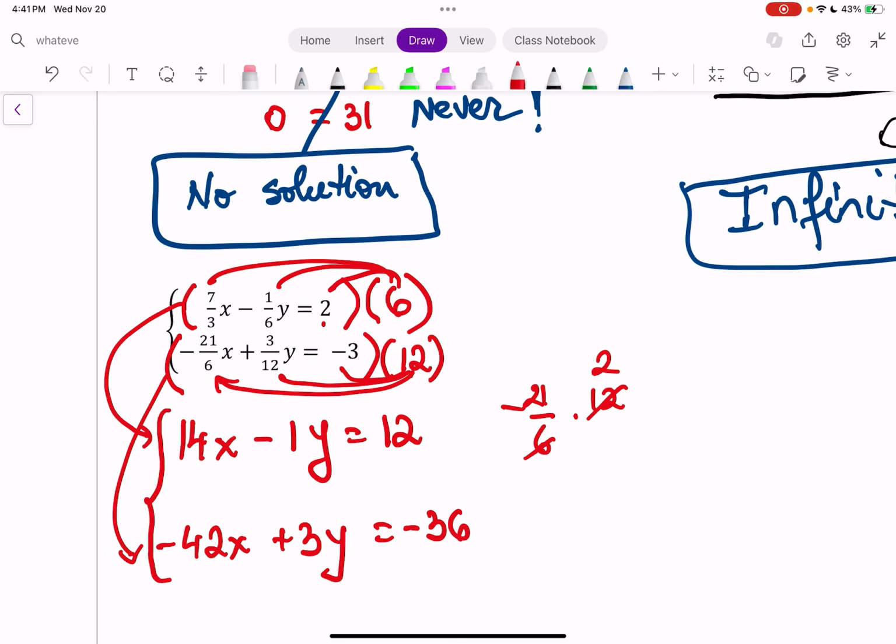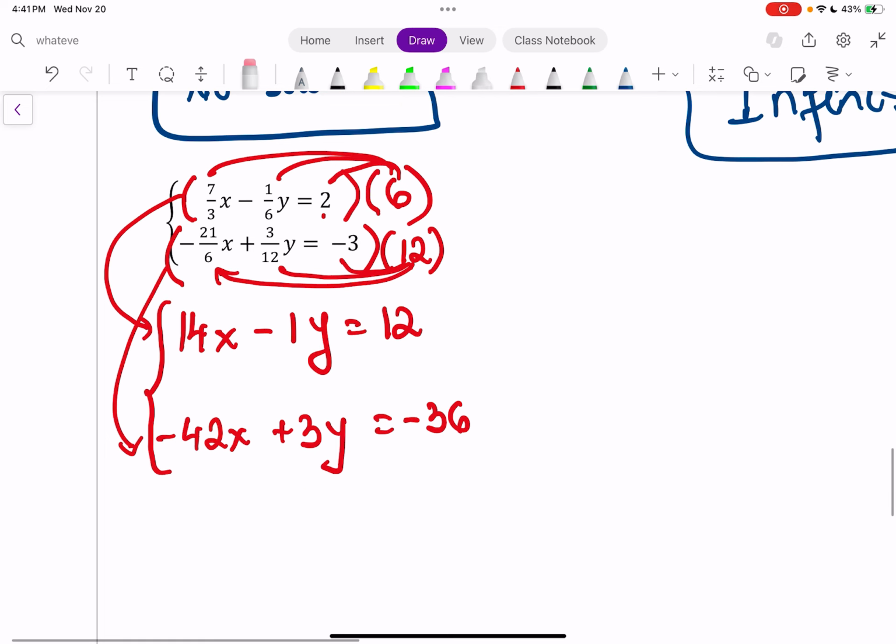All right, so this is my new and improved system. So again, you can try and get rid of x, you can try and get rid of y. I'm going to look at y, and the simple thing is because the coefficients are much, much smaller. And I already noticed that if I want to get rid of y, a common multiple for 1 and 3 would just be 3. So I'm multiplying this top equation all by 3.